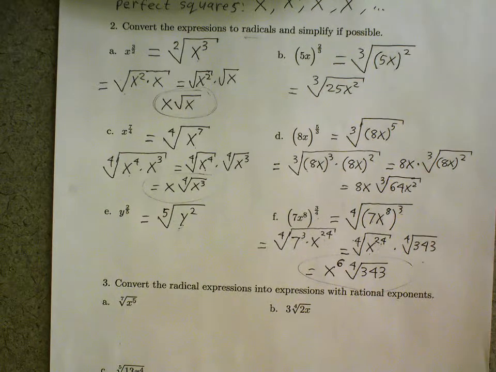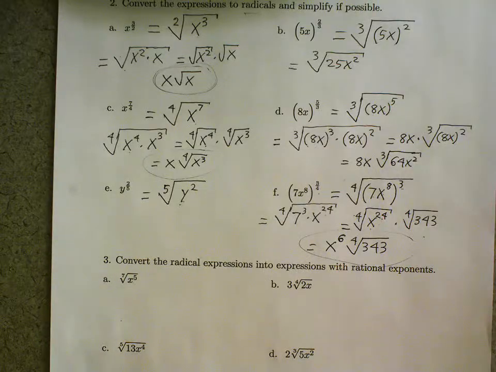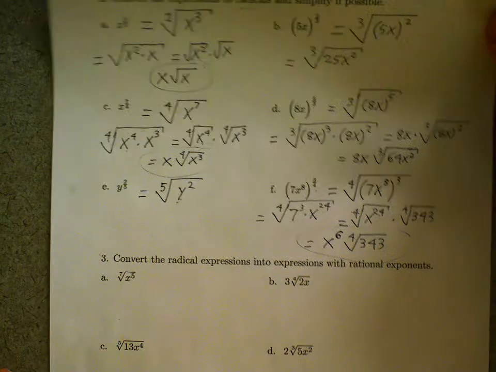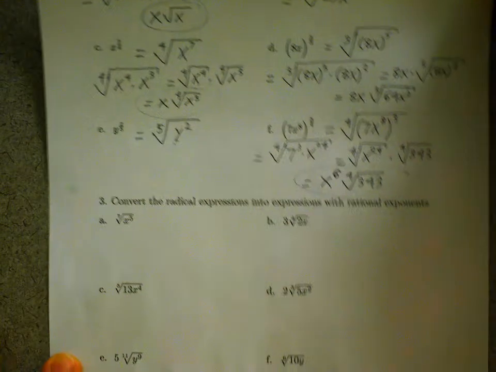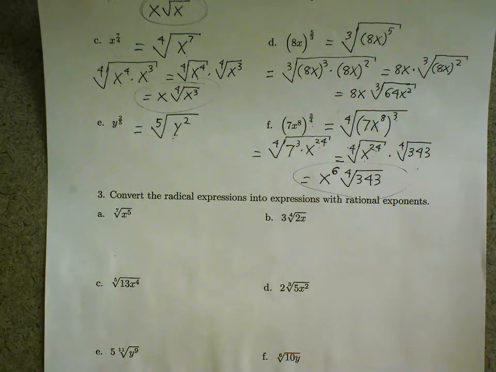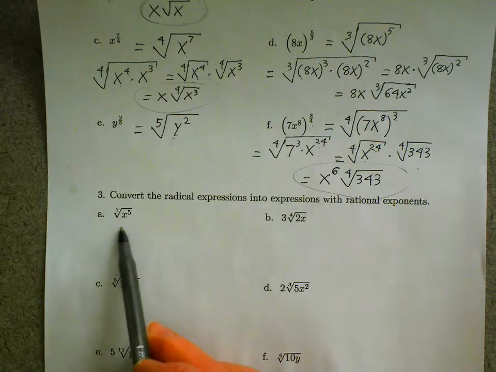Okay, in the next part, we'll do the reverse process. We'll convert radical expressions to expressions with rational exponents. The 7th root of x to the 5th.